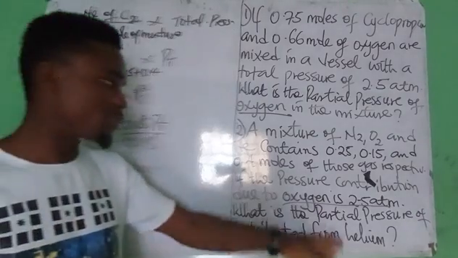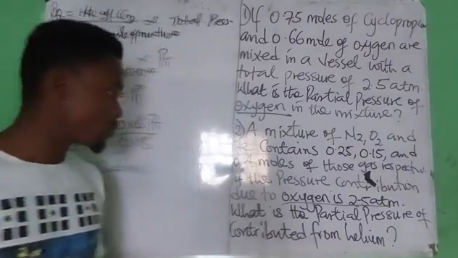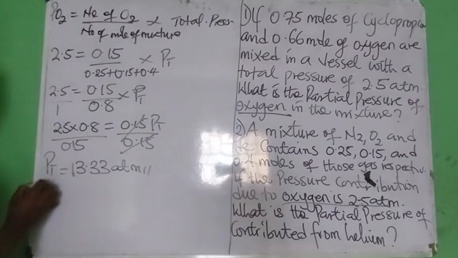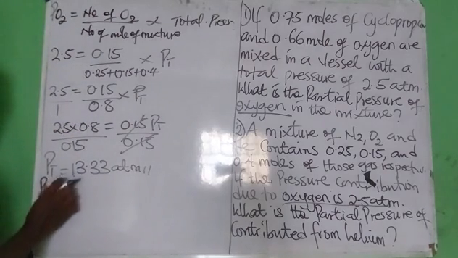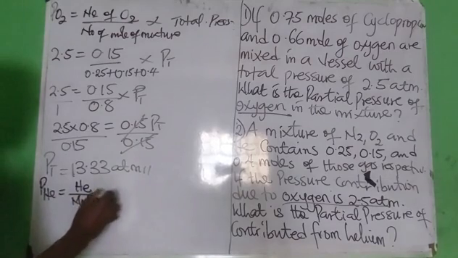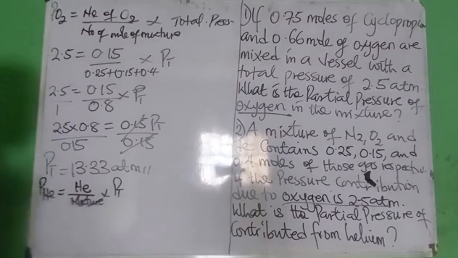We have not answered their question. They asked: what is the pressure of contribution from helium? The pressure of helium equals number of moles of helium over number of moles of mixture, times total pressure.